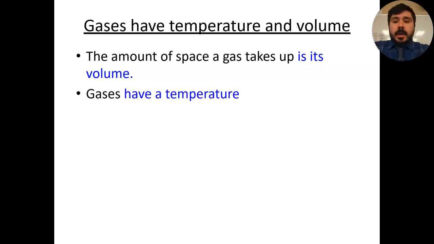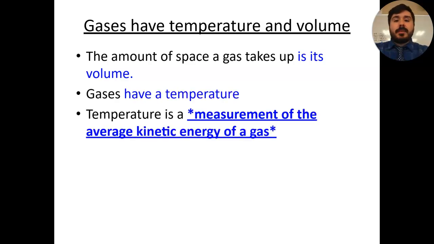On top of that, gases also have a temperature because, and I'm going to say this until I'm blue in the face, temperature is a measurement of the average kinetic energy of that gas. So if these gas particles are moving, they have an amount of kinetic energy that can be translated into that gas's temperature.